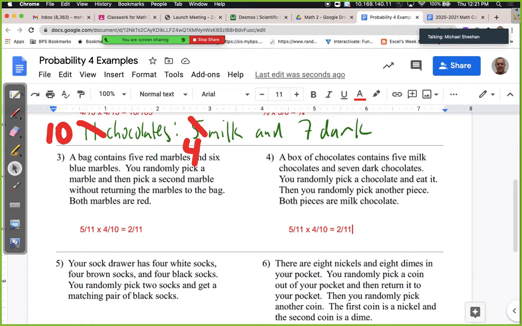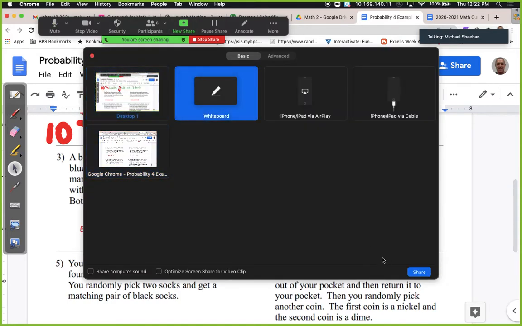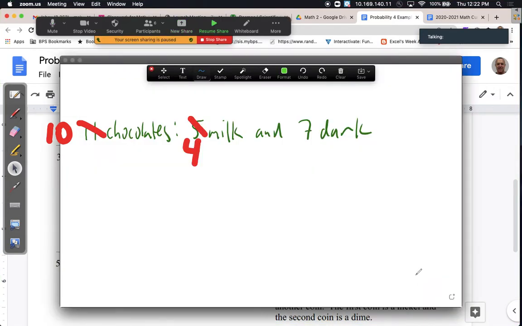Yeah. Okay, so let me try a different screen share for a minute.